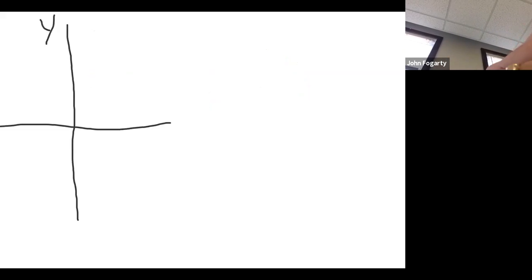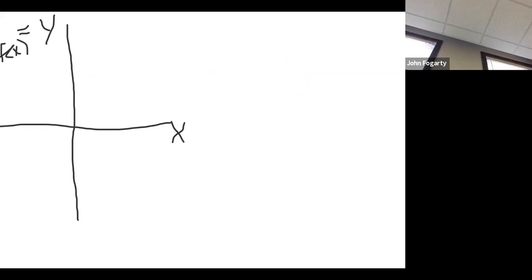I'm going to set up a graph here, right? So there's my y, there's my x. And of course, y is equal to f of x. If I have some type of function, I don't know what it's going to look like. Let's make it look like this.